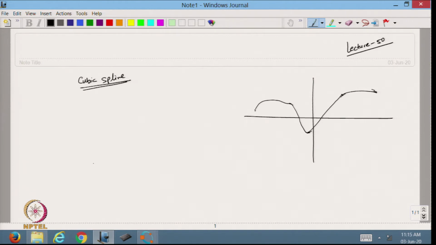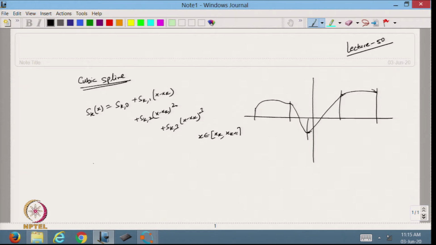In each of these sub intervals, I can define the cubic spline in the kth interval. That is given by sk0 plus sk1 times (x minus xk), plus sk2 times (x minus xk) whole squared, plus sk3 times (x minus xk) cubed, where x belongs to the interval xk to xk plus 1.